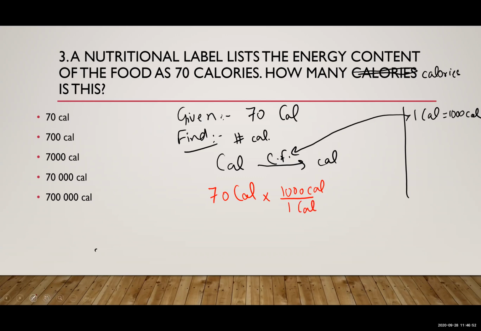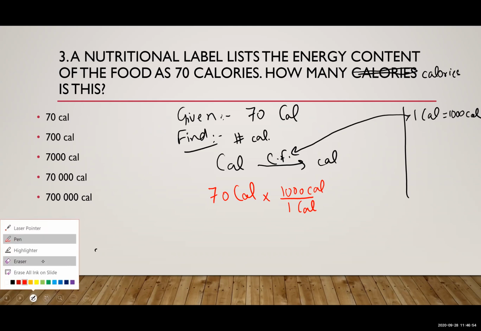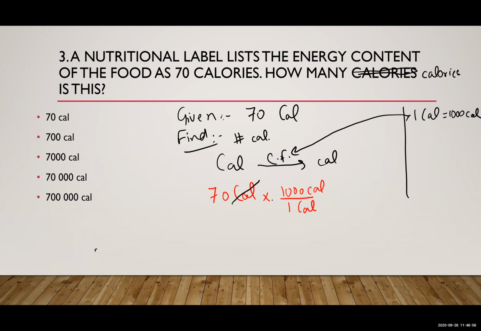So the uppercase calorie cancels with the uppercase calorie. And what is our answer? 70,000 lowercase calories. So the correct answer is option E. Here we go. Can we solve similar problems?